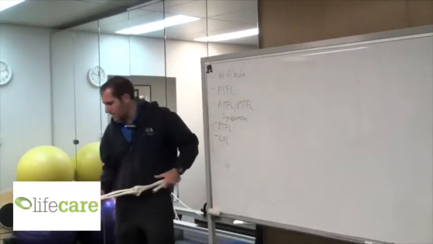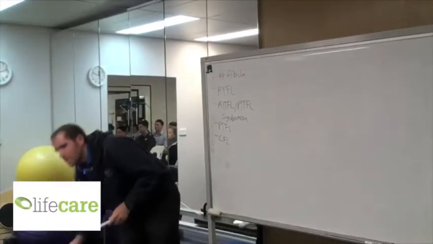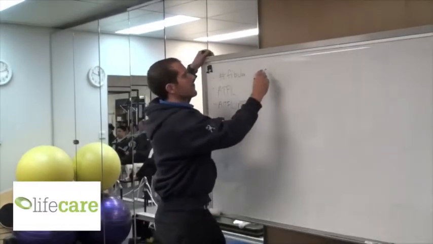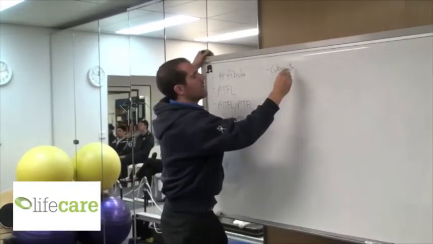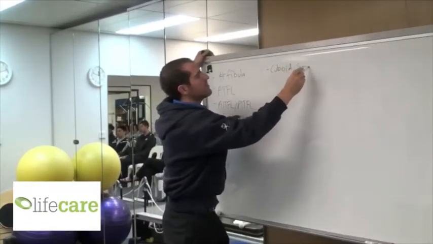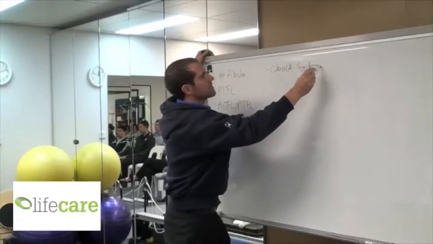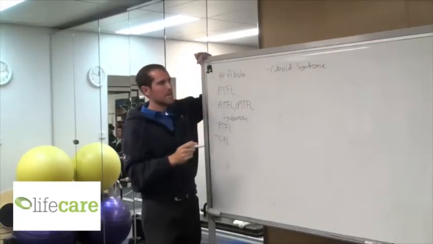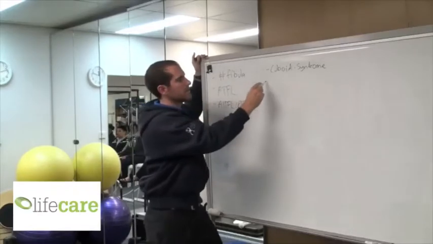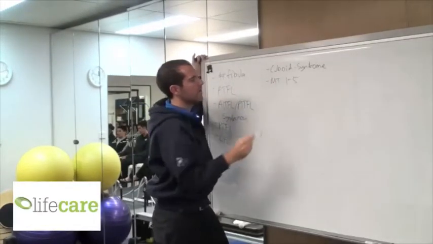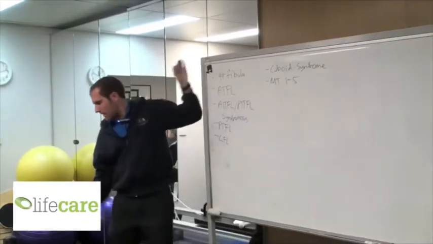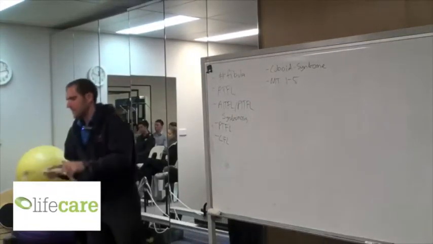And if you work a little bit further down the foot, then you've got cuboid or cuboid syndrome as well. There. Metatarsals, 1 to 5. If we start then moving over a bit more medially through the foot.